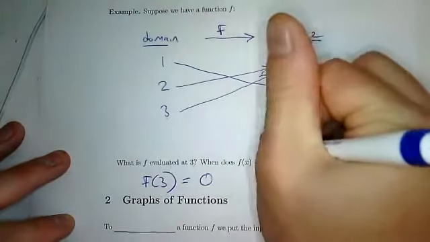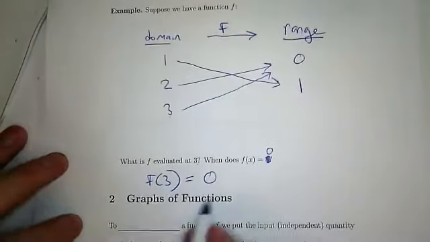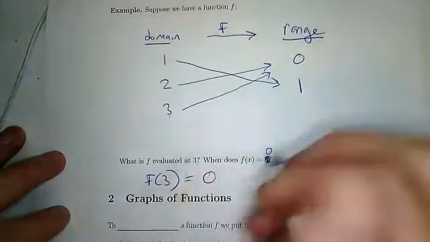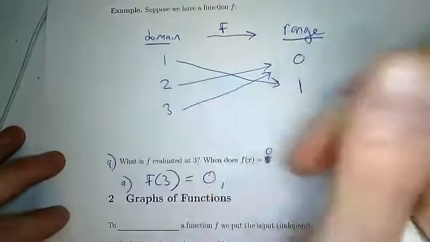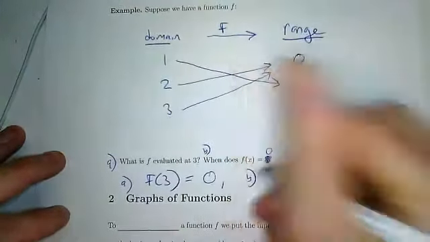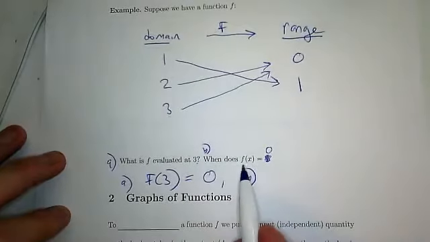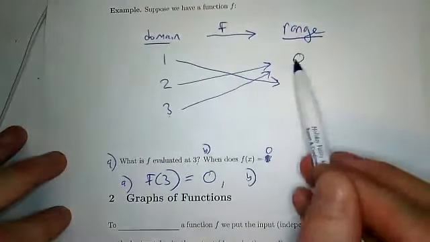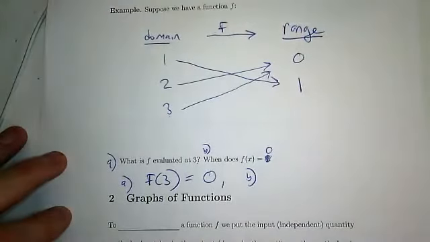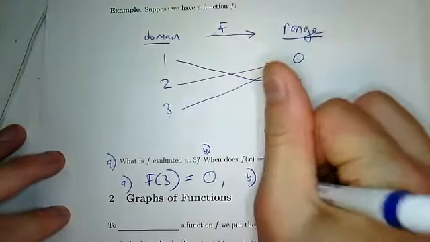I'll make it 0. So f of 3 equals 0. Now, that's the first question. Maybe I'll put A, and I'll put B. So B, when does f of x equal 0? For what values does this function map to 0? 2 and 3. Yep, 2 and 3, exactly.